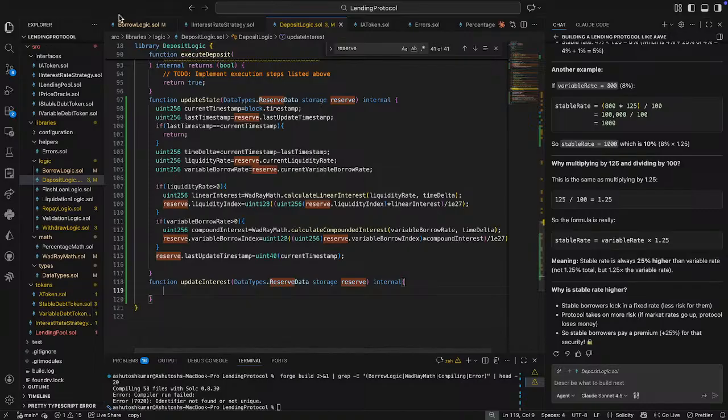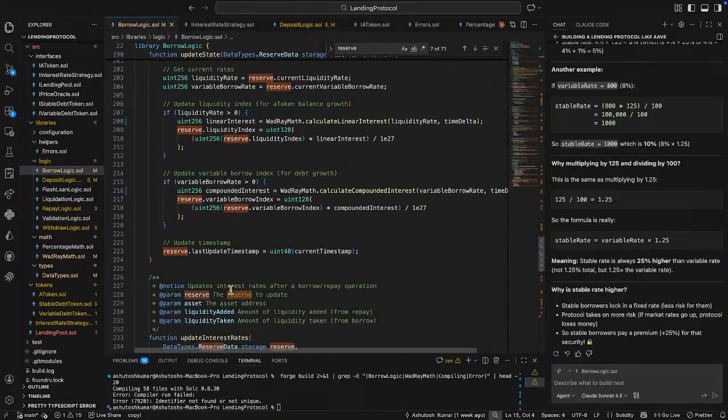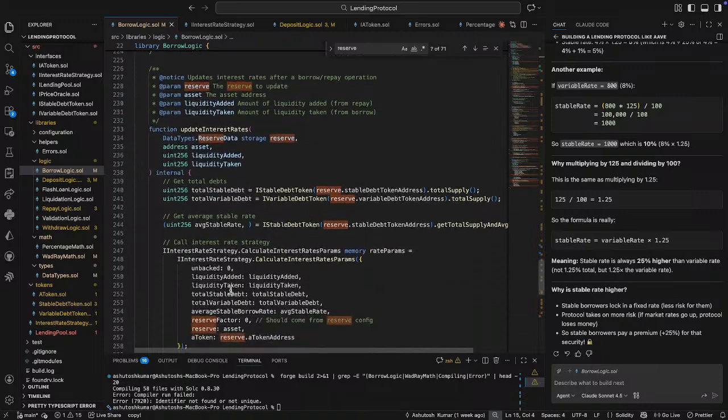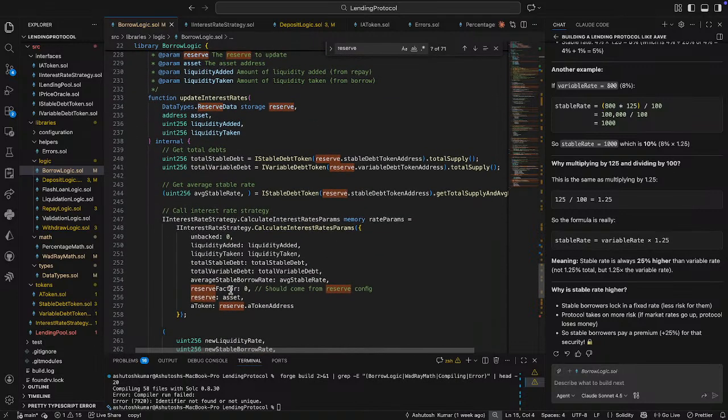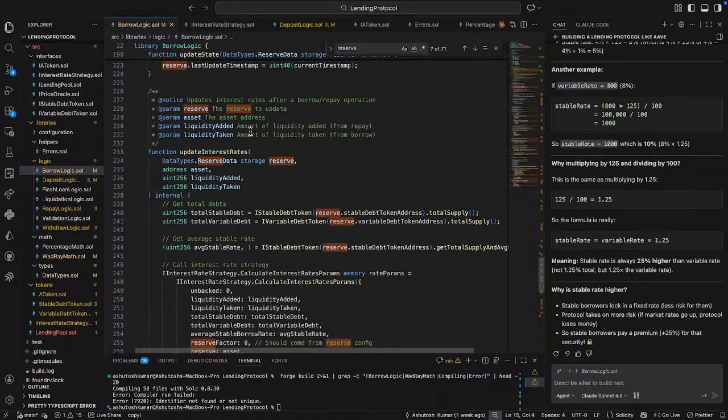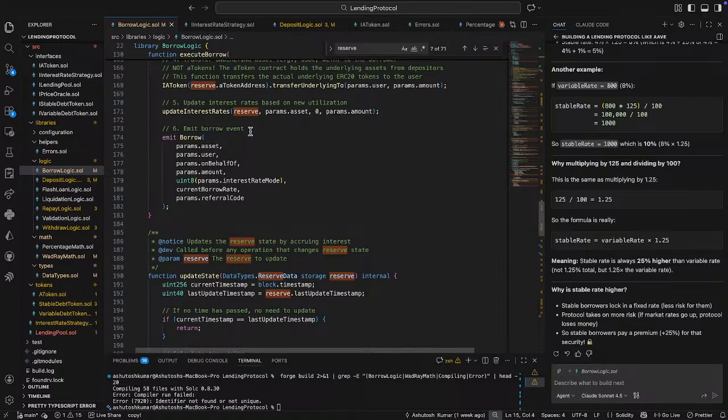Let me understand what it is doing and why it is doing. First of all, we are taking asset, liquidity added, liquidity taken. It will be in the reserve, I guess, in the parameters while calling.